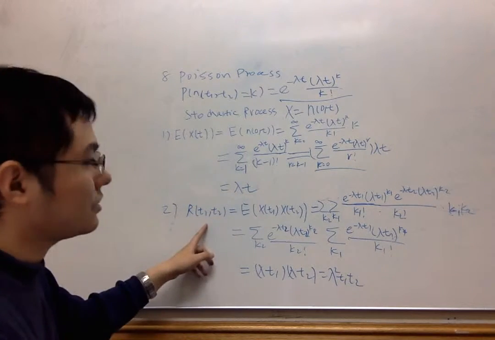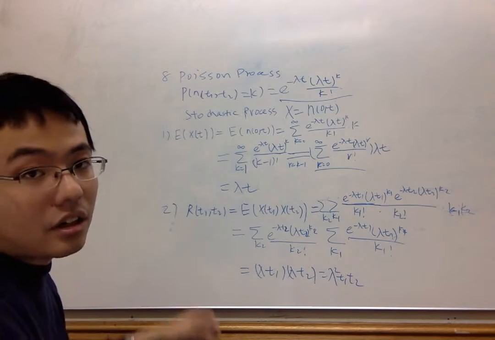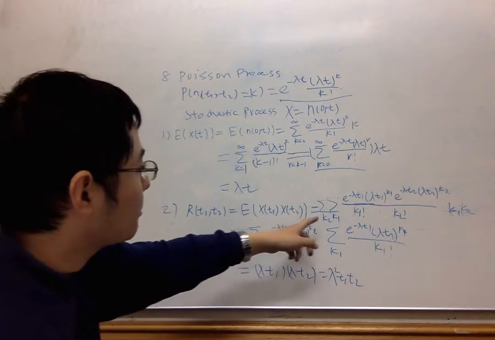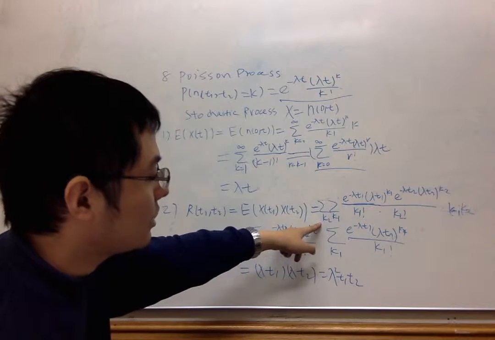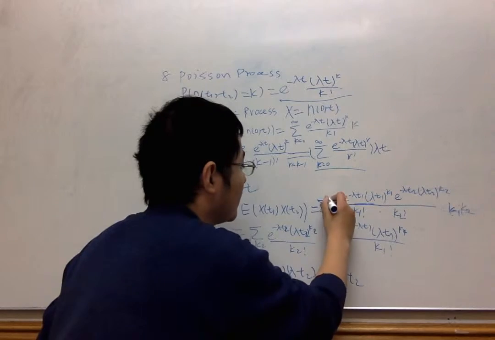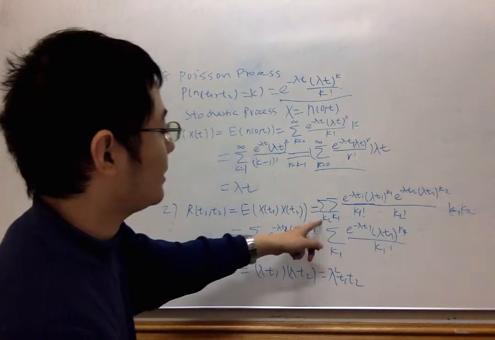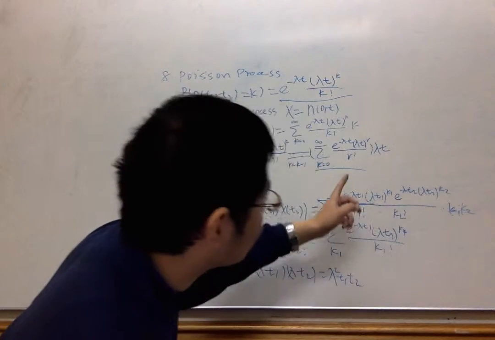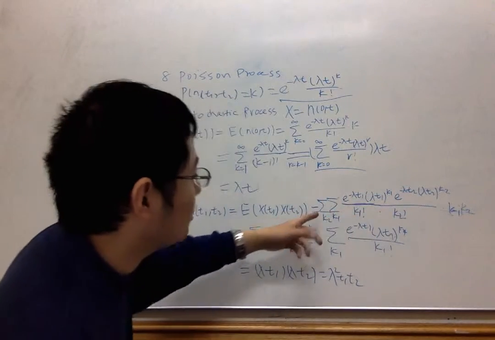Okay, the third question: we need to calculate the autocorrelation function. Simply write the form, and there's a dual summation, one over k1 with parameter t1, and the second over k2 with parameter t2.